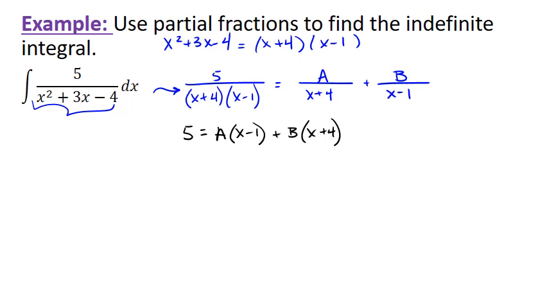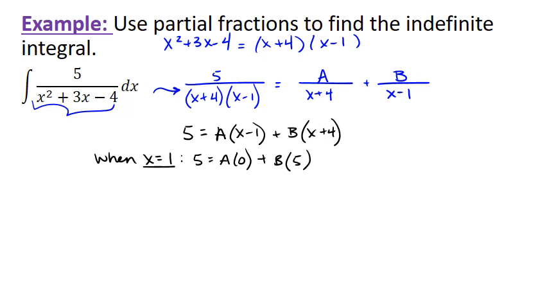Once I have this, what I want to do is identify some values for x that can be substituted in to eliminate something. For example, when x is equal to 1, so I have just chosen this value, okay? And you get to choose these values also. When x equals 1, if I plug 1 in here, then I end up getting A times 0 plus B times 5, because 1 plus 4 is 5.